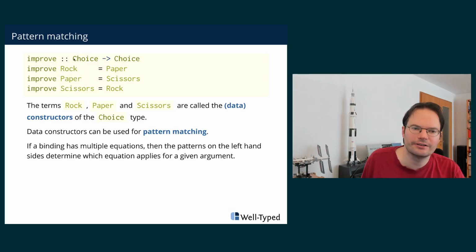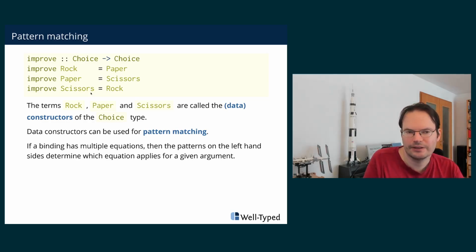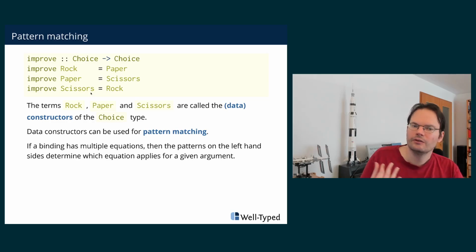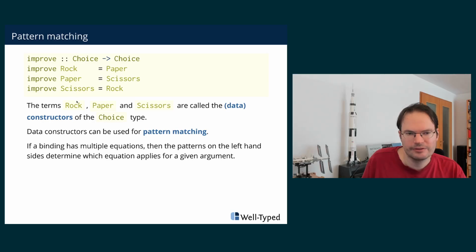And what's happening here is that we distinguish different cases by means of so-called pattern matching. So these rock, paper, scissors occurrences here on the left-hand side of the equals are called patterns, and constructors can be used as patterns. And if we call improve on a particular value, then Haskell will actually try to determine which of the patterns that I have been listing my concrete argument matches.